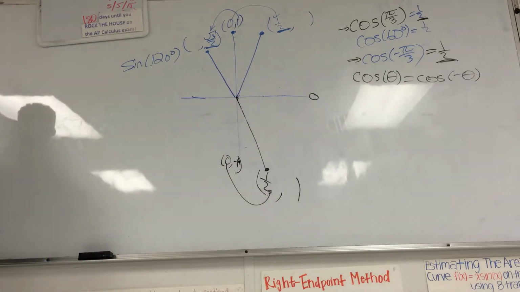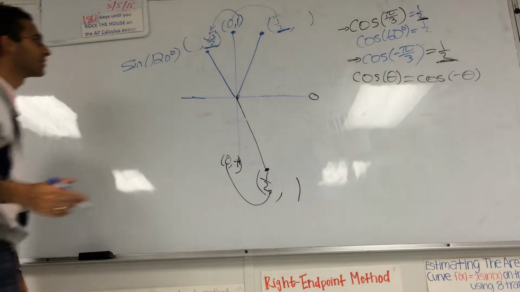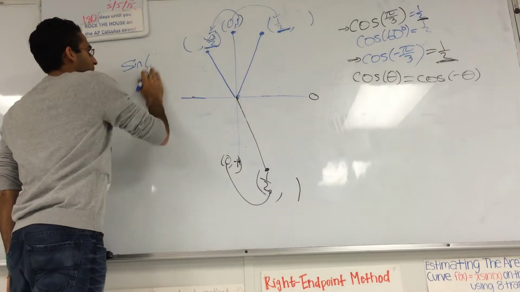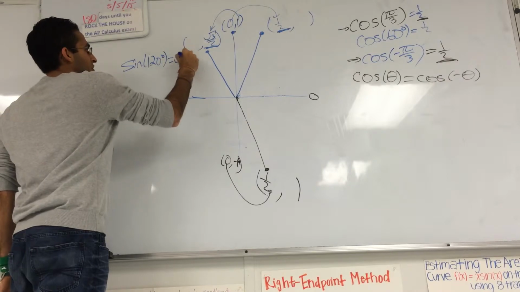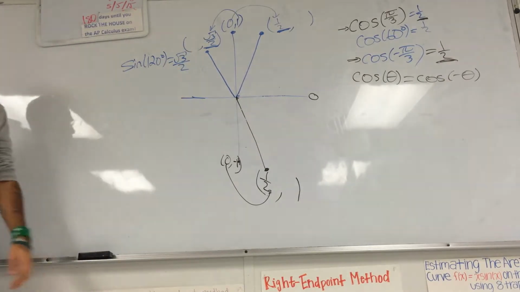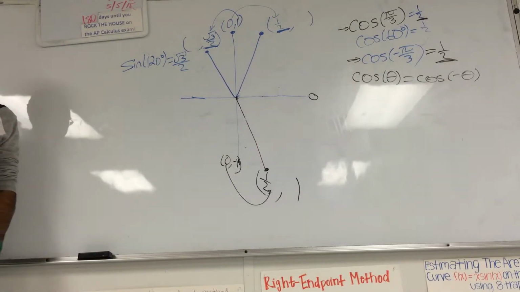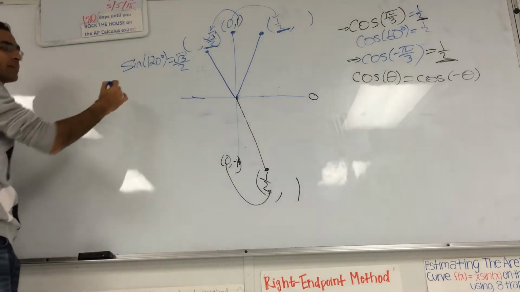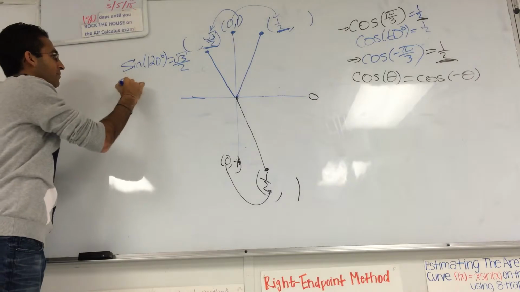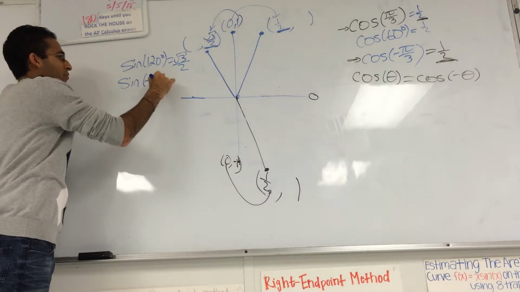That's the answer. So sine of 120 degrees is root 3 over 2? 0.866 on the calculator. Okay, so Abraham, sine of negative 120 degrees.